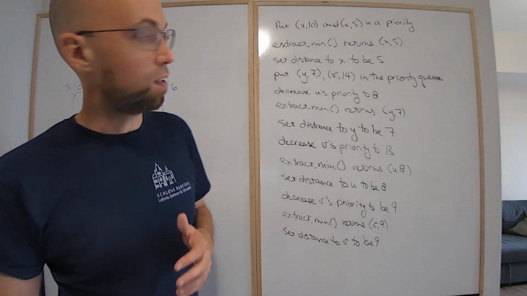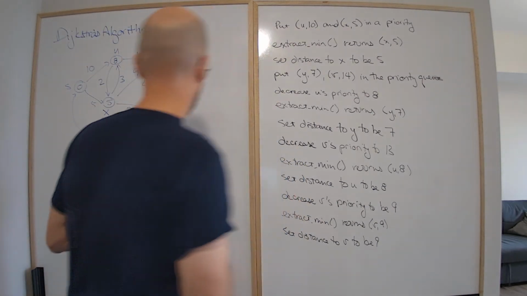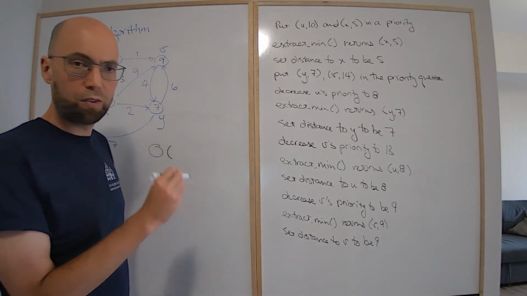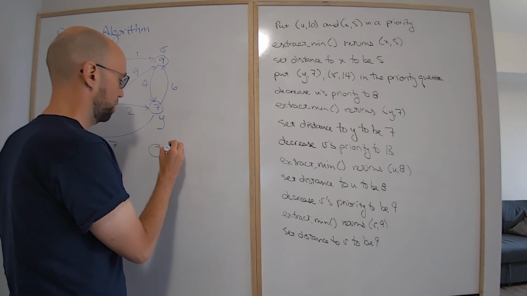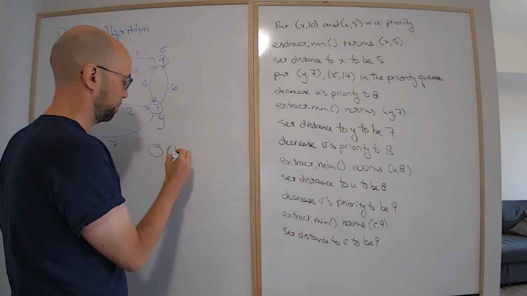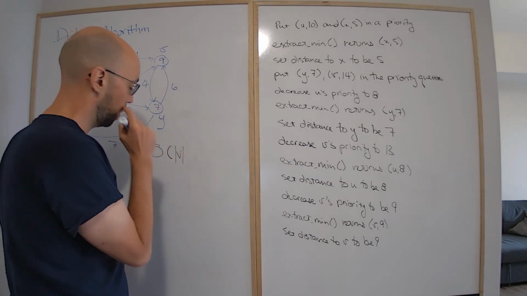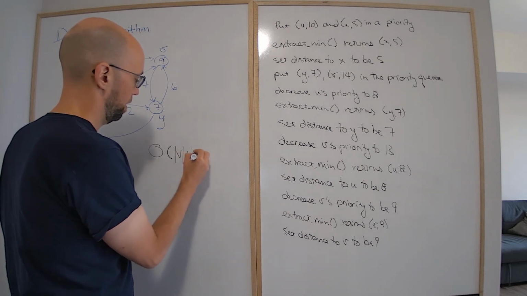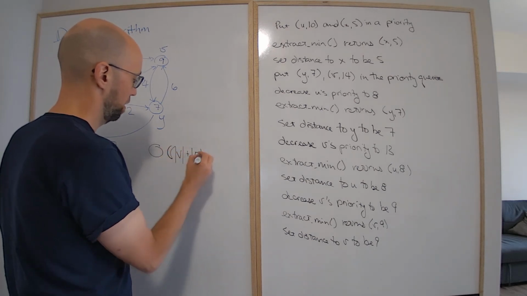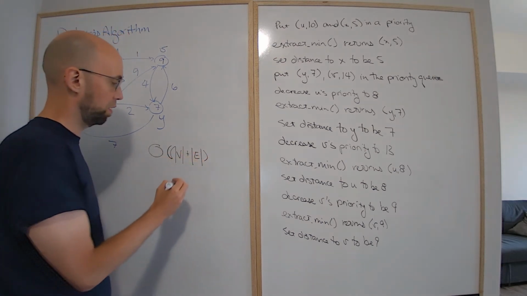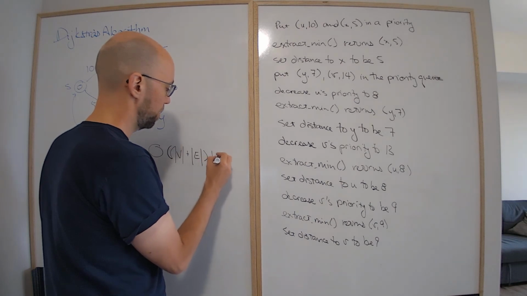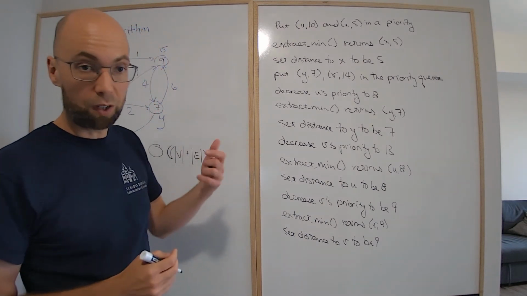So if this is the vertex set, and this is the edge set, it takes the size of the vertex set plus the size of the edge set times logarithmic time.